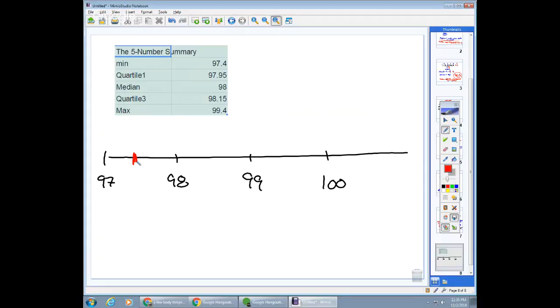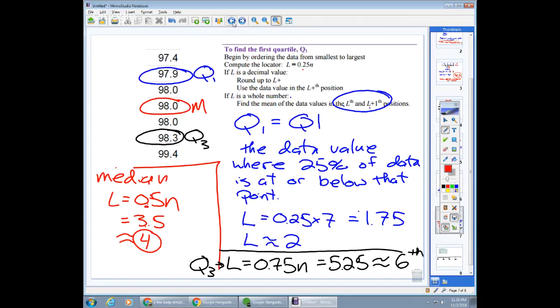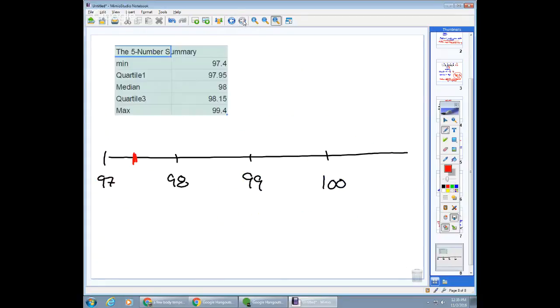And then let's see, first quarter is 97.95 if I use the computer method. If I use the book's method, what was it? It was something else. It was 97.9. You know what? On this number line, I can't tell the difference between those 2 numbers, 97.9, 97.95, so it's kind of moot. Pretty darn close to 98 here.